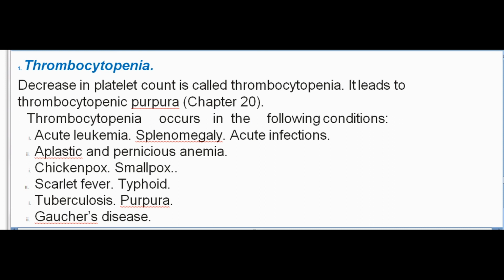It leads to thrombocytopenic purpura, Chapter 20. Thrombocytopenia occurs in the following conditions: acute leukemia, splenomegaly, acute infections, aplastic and pernicious anemia, chickenpox, smallpox, scarlet fever, typhoid, tuberculosis, purpura, Gaucher's disease.